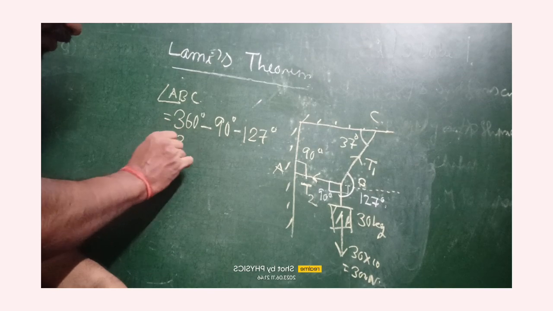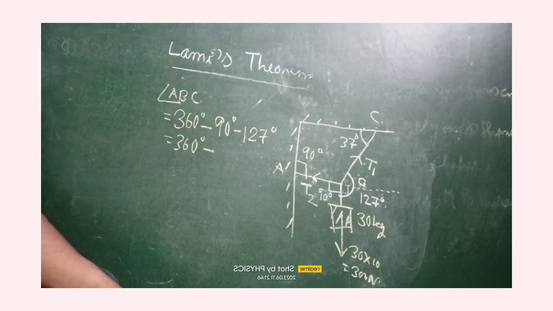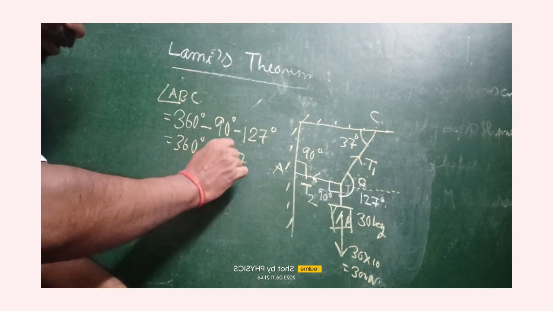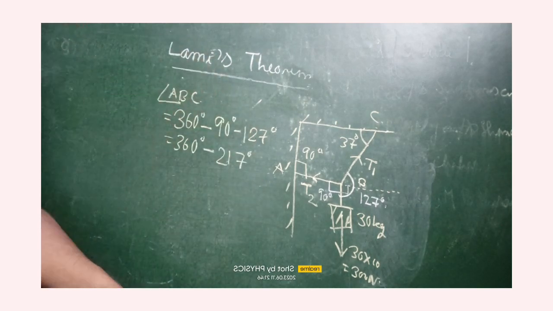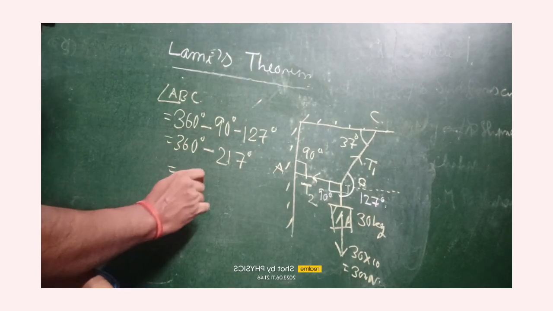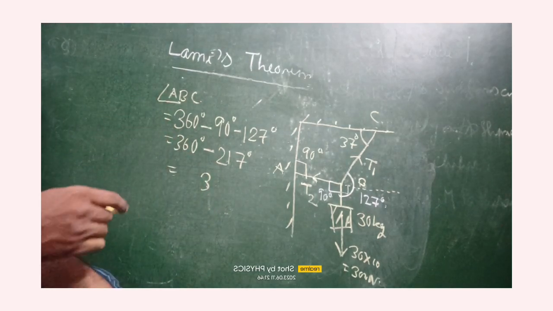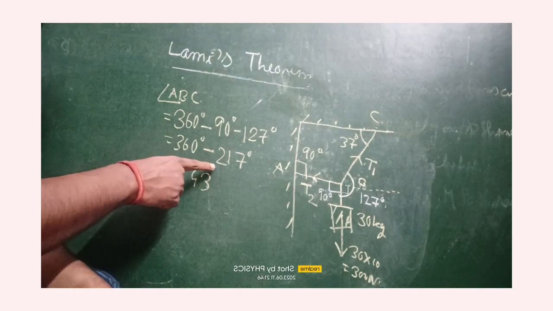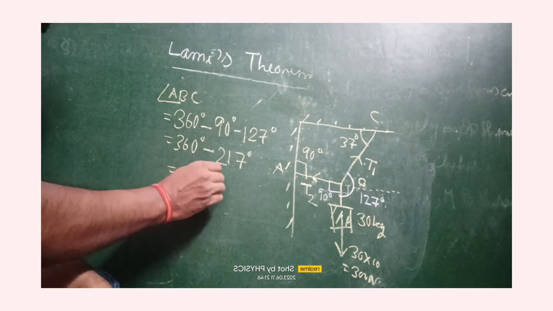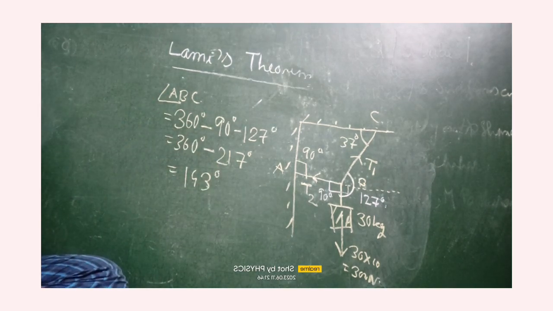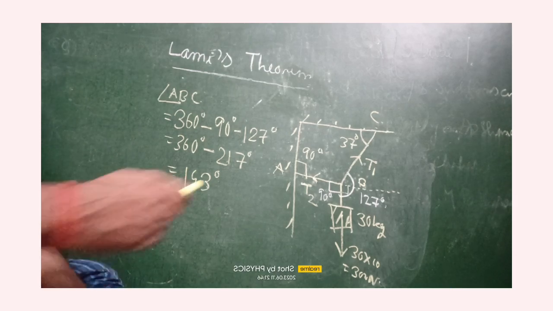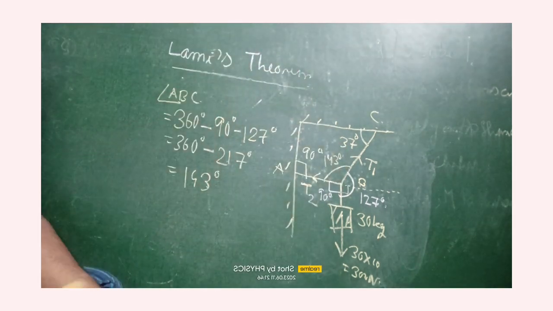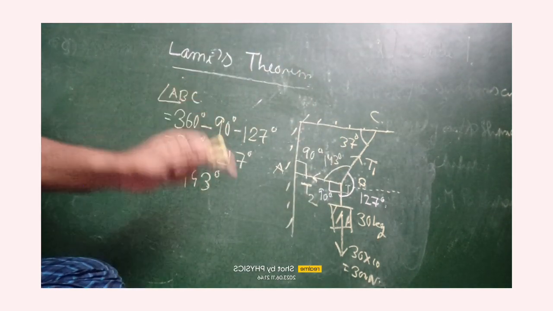Now we have 360 degrees minus 217 degrees, and this is 143 degrees. This angle is 143 degrees.